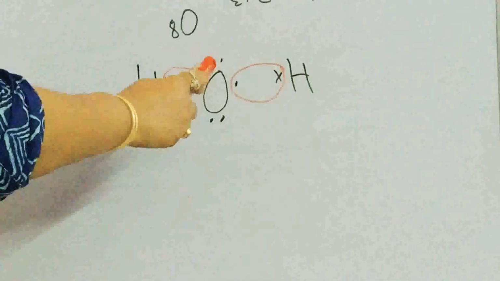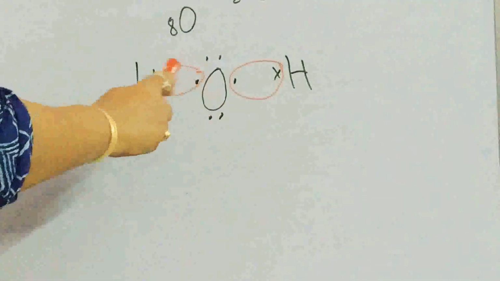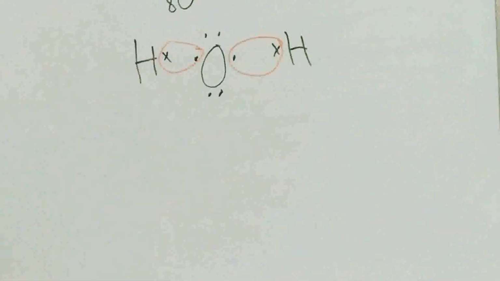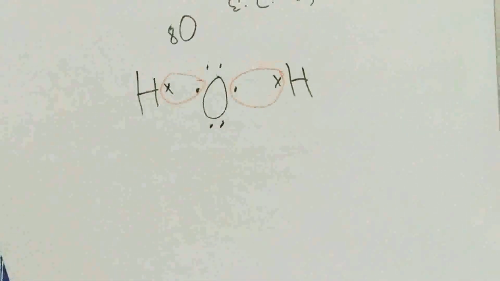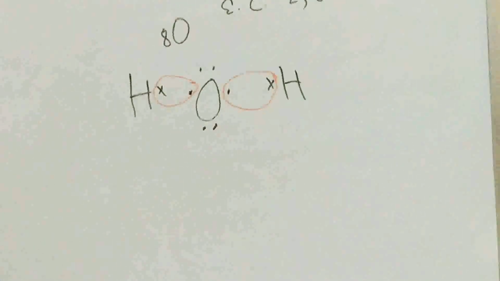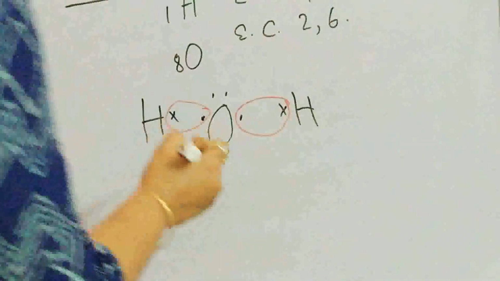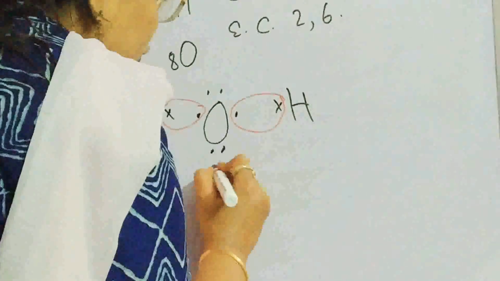Oxygen, how many electrons? 1, 2, 3, 4, 5, 6, 7 and 8. So oxygen also has 8 electrons in its outermost shell and attains octet stability. Thus the water molecule is formed. Oxygen has 2 lone pairs.